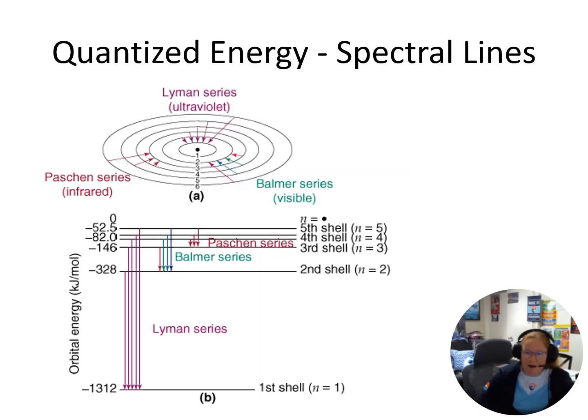Okay, now each one of these gets a special name that they've been given. The Lyman series is what the ultraviolet series has been named, the Balmer series is what the visible series has been named, and the Paschen series is what the infrared series has been named.